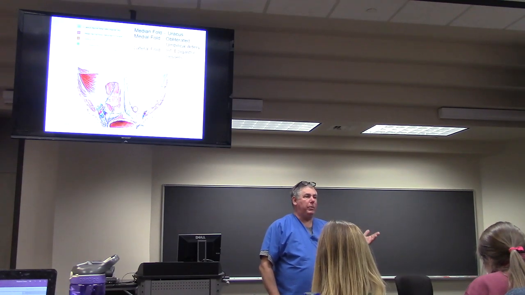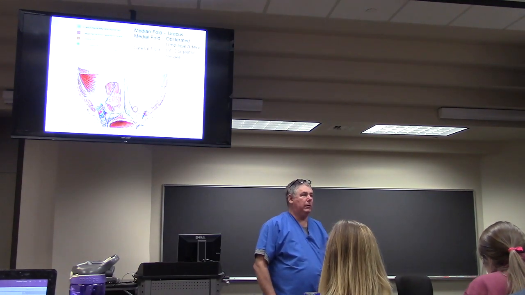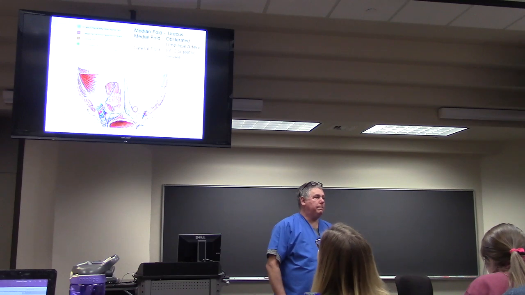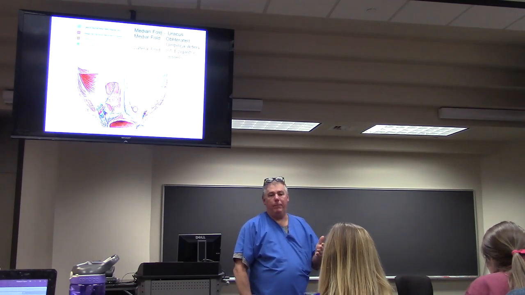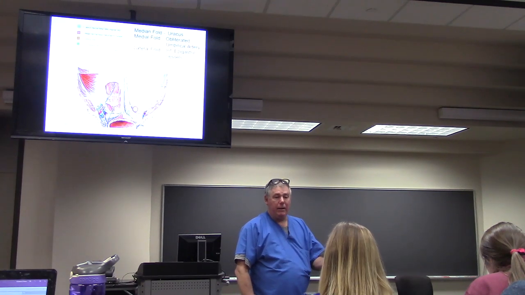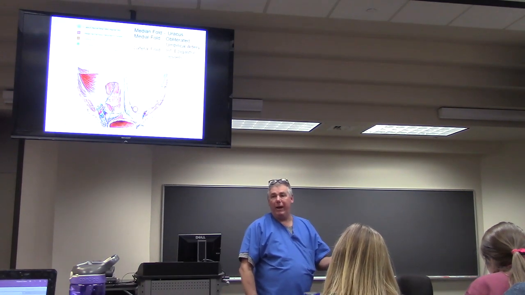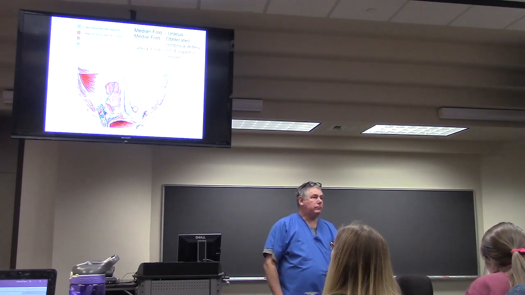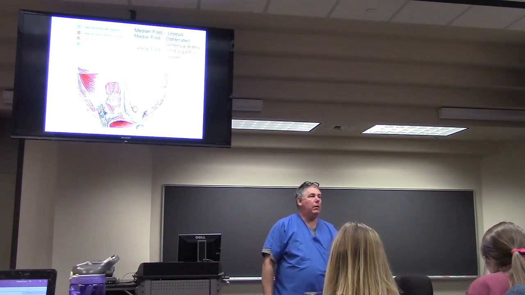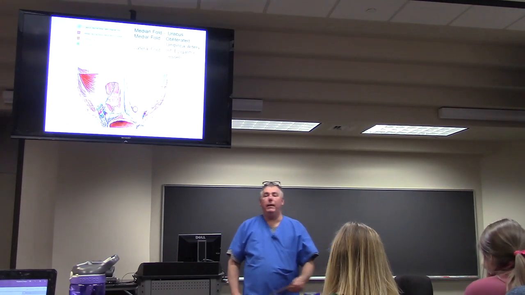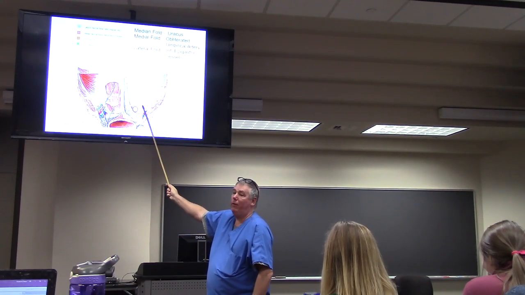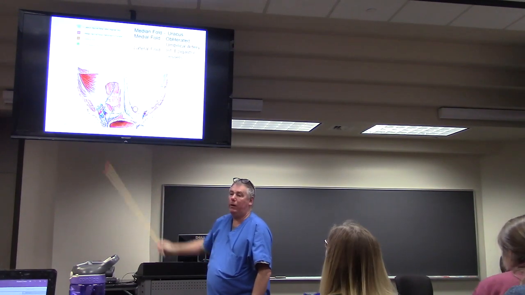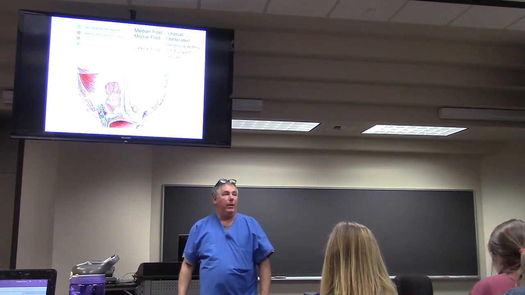It serves no purpose other than there it is. So if I ask you what structure gave rise to the median umbilical fold, you would say the urachus. And then between the median and the lateral umbilical fold is another fold called the medial umbilical fold.